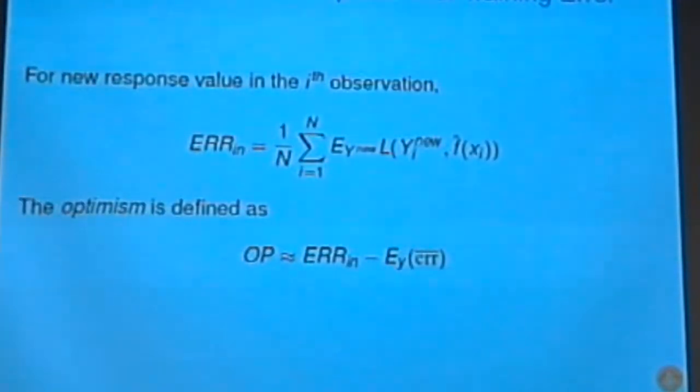Then there is in-sample error and the optimism of the training error. Remember we mentioned earlier, training error usually underestimates the actual error. So they come up with a measurement of the optimism of the training error.